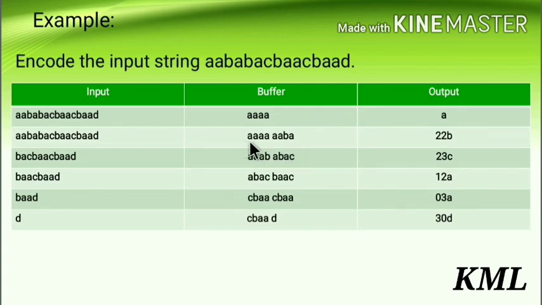The positioning is 0, 1, 2, 3. Then what is the length? The number of characters matching. And what is the next mismatching character? Whatever character you get after the common string. This way you write the output, and after writing the output, you shift to the left by the length plus 1 positions. So remember these things.